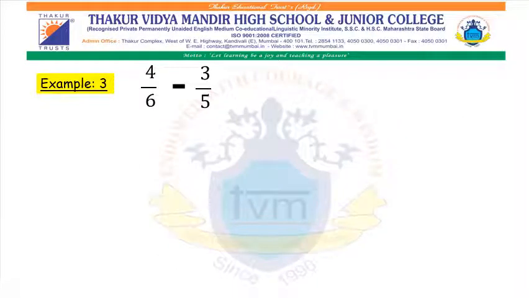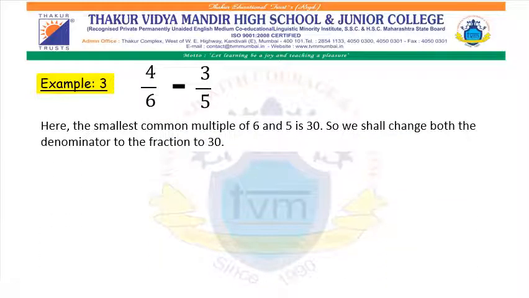4 upon 6 minus 3 upon 5. Here, what we are going to do? We will find the smallest common multiple of 6 and 5. It is 30. So now we shall change both the denominators of the fractions to 30. 4 upon 6 minus 3 upon 5.